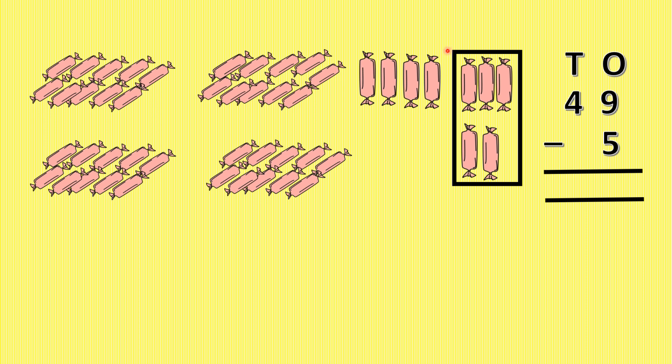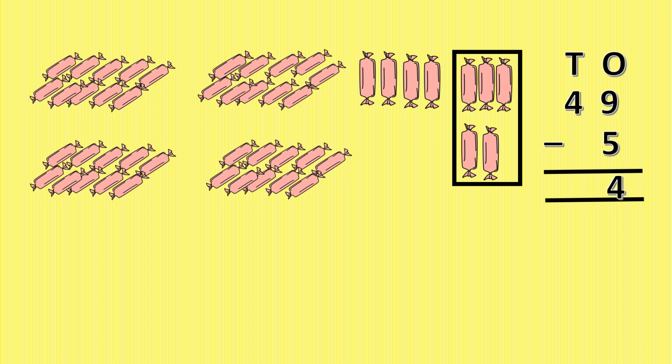The chocolates which are outside the box are the chocolates which are left, which are not eaten. So we can count them: 1, 2, 3, 4. 4 chocolates are left. So below the ones place we can write 4, or you can do this by opening 9 fingers and then closing 5 fingers. So below the ones place the answer is 4, or the difference is 4.